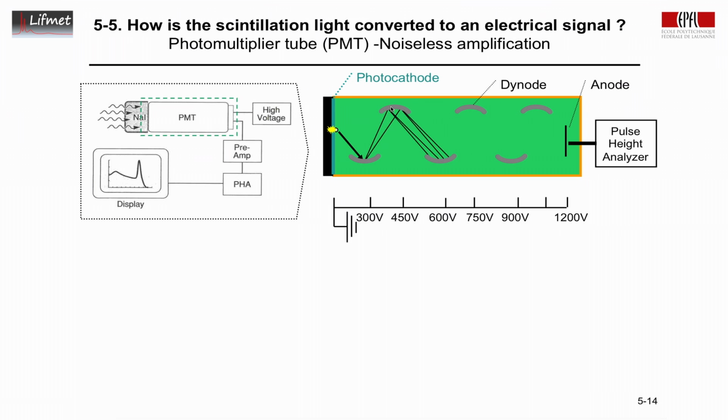At the next point where it's accelerated towards, again we'll always assume that's a factor of 2. 1 electron produces 2 electrons, so now we have 4 electrons that arrive here. Again with a dynode, we go from 4 to 8 and then to 16, and finally to 64 electrons that go to the pulse height analyzer.